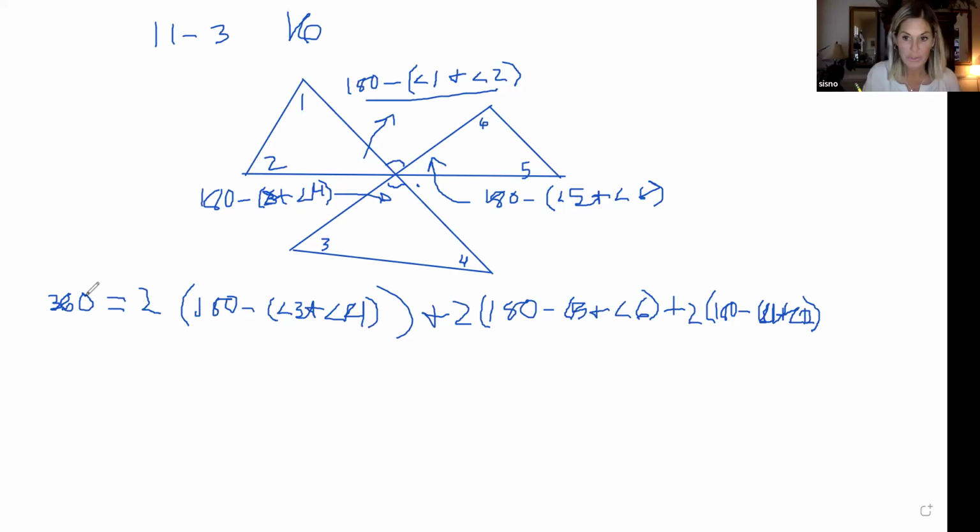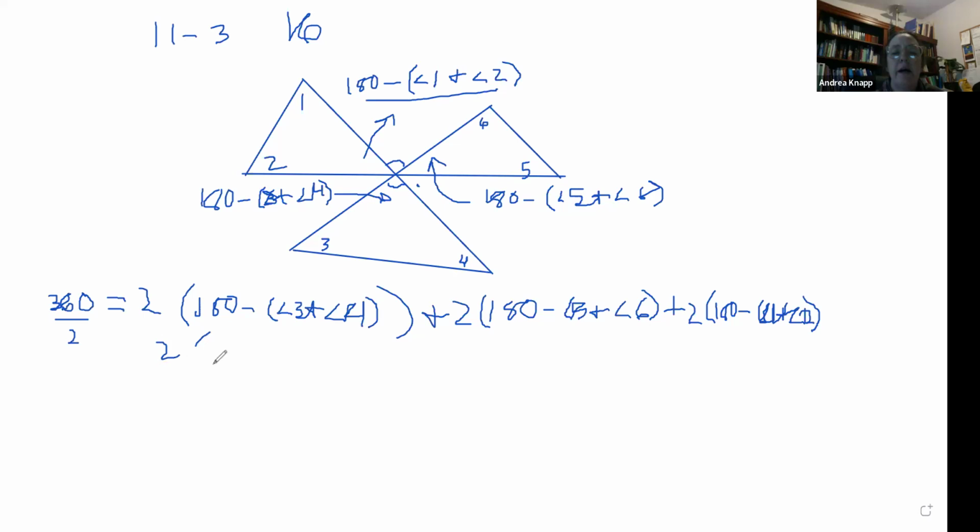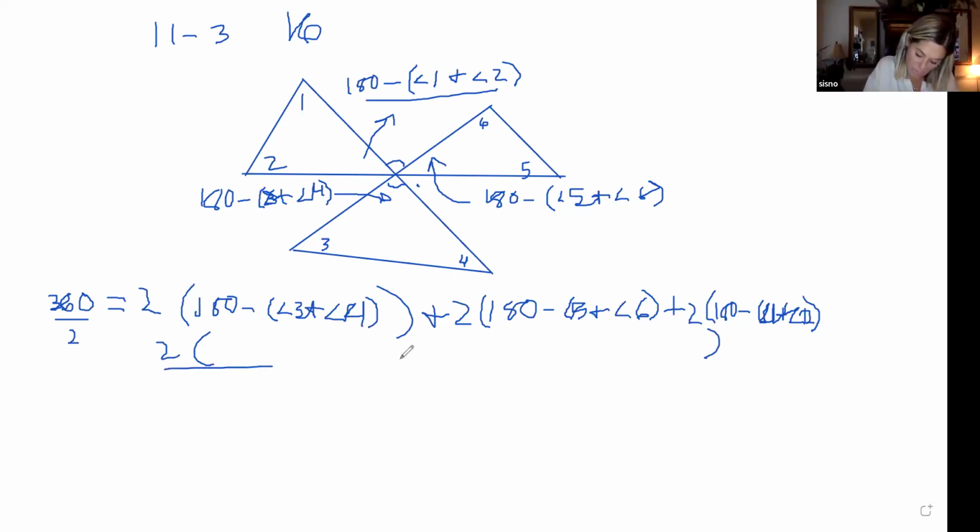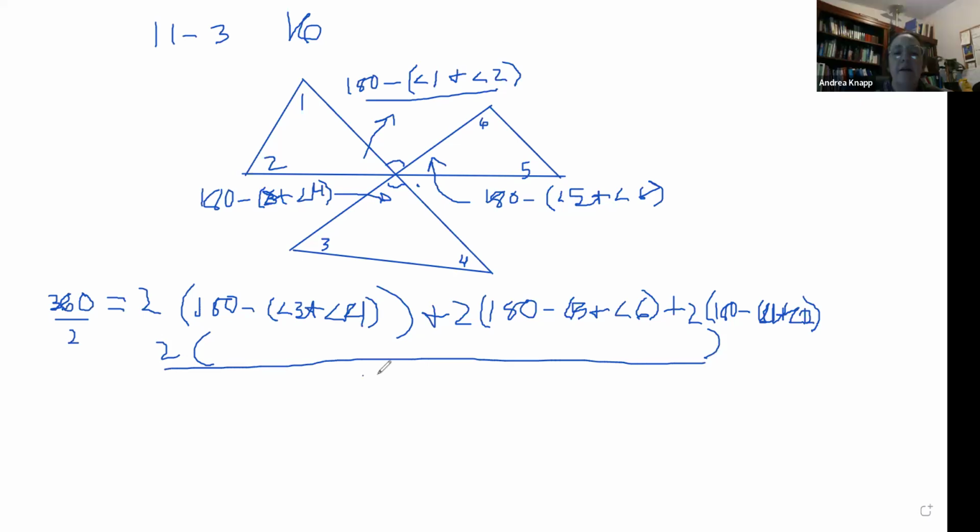2. And divide both sides by 2. Here I can factor 2 out of all of this and divide it by 2. 2 divided by 2 is 1, so that cancels to 1. So all of our 2's are gone. 360 divided by 2 is 180.